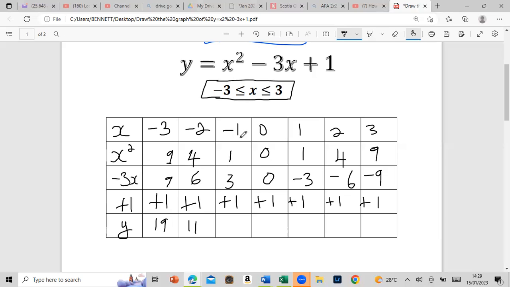Positive 1 plus 3 is 4, plus 1 is 5. Then 0 plus 1 is 1. 1 plus negative 3 is negative 2, plus 1 is negative 1. For 2, 4 minus 6 is negative 2, plus 1 gives us negative 1. So both of them are equal to negative 1. 9 minus 9 is 0, and then we have 1.